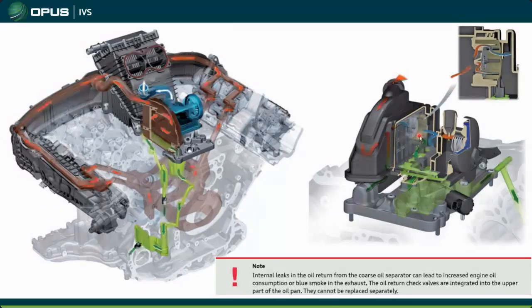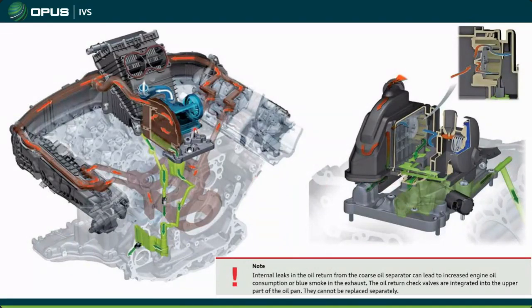Coarse and fine oil separation happens through here. This green is your oil pathway back. So when the oil is done separating, as it collects, it drains back into the block. There are a couple of check valves in the bottom here, gravity valves. So a certain amount has to build up before it actually overcomes that valve and drains back.